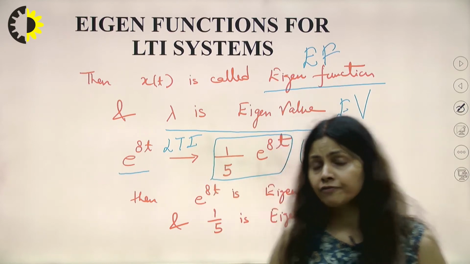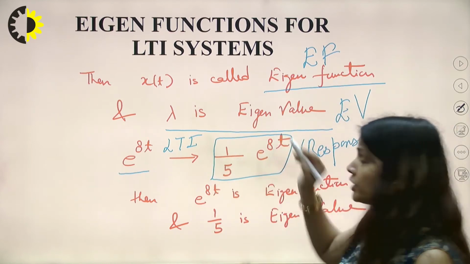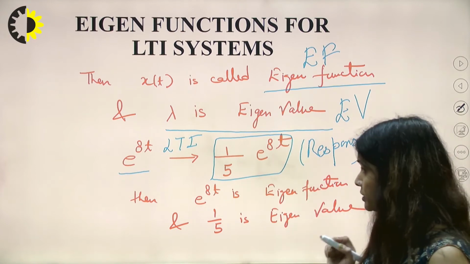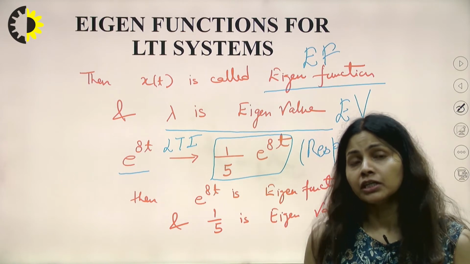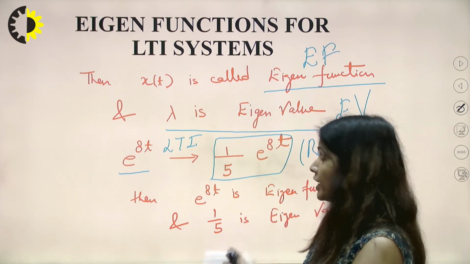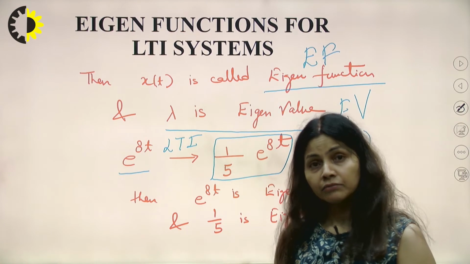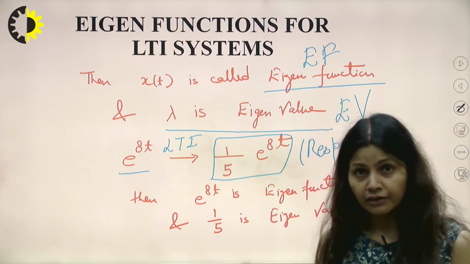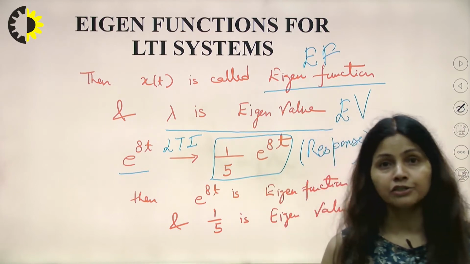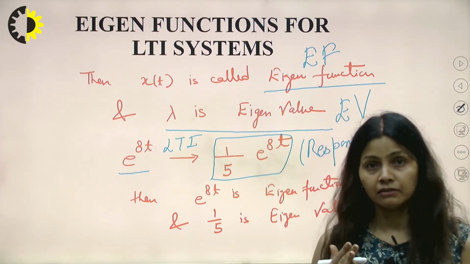So if the output is 1 by 5 into e raised to the power 8t, what are the Eigen Value and the Eigen Function here? Very easily we can tell the Eigen Value, the EV, is 1 by 5 here, and the Eigen Function is e raised to the power 8t.